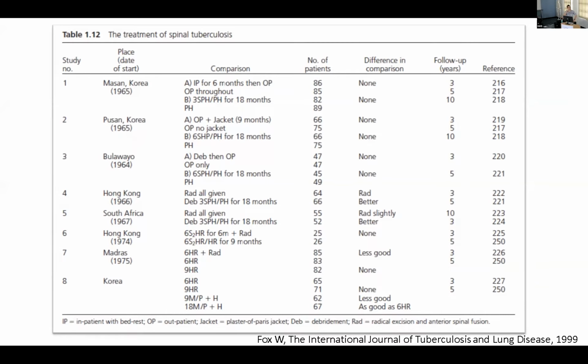For example, the Korean paper gave 3 SPH, so that's streptomycin, PAS, INH, and then PH, PAS, INH for 18 months. Whereas if you compare it to the Korean study over here, that's six months of isoniazid and rifampicin. And then if you look over here in Korea 1965, they put a jacket plaster of Paris as well. I'd love to see photos of what that looked like.